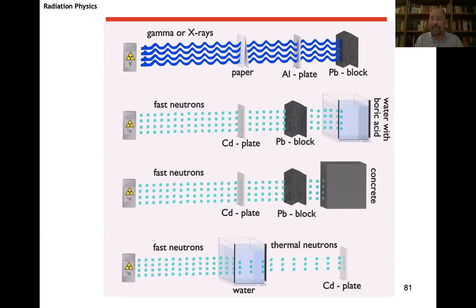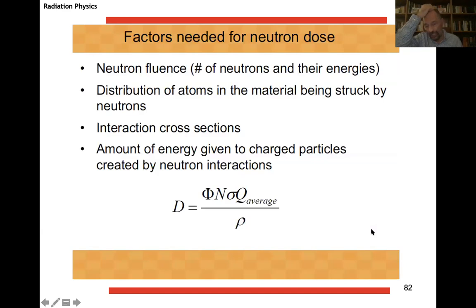So sometimes, rather than using extremely thick blocks of concrete, as happens in neutron reactors, for example, it can be much better to moderate the neutrons in water, and then it will be easier to stop them. Concerning the neutron dose, so how to calculate the neutron dose, this is also important, because the cross-sections are low, so you need a lot of neutrons to release high doses.